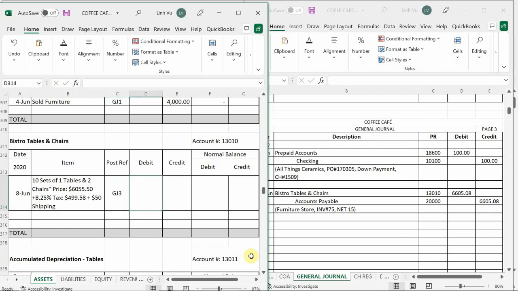We're on page 3. And this is a debit for 6,605.08.